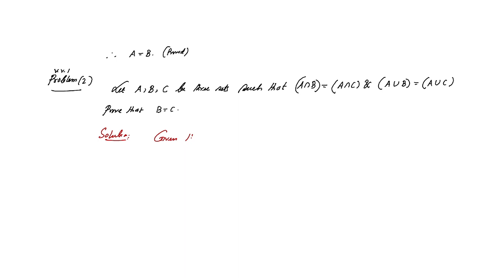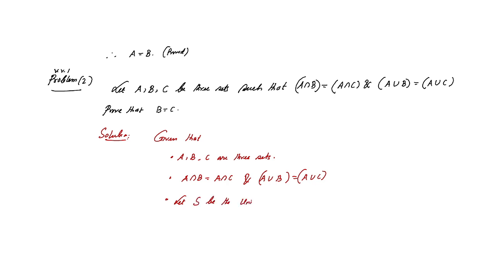It is given that A, B, C are three sets, and the next information is A intersection B equals A intersection C, and A union B equals A union C. And here we just consider S to be the universal set.